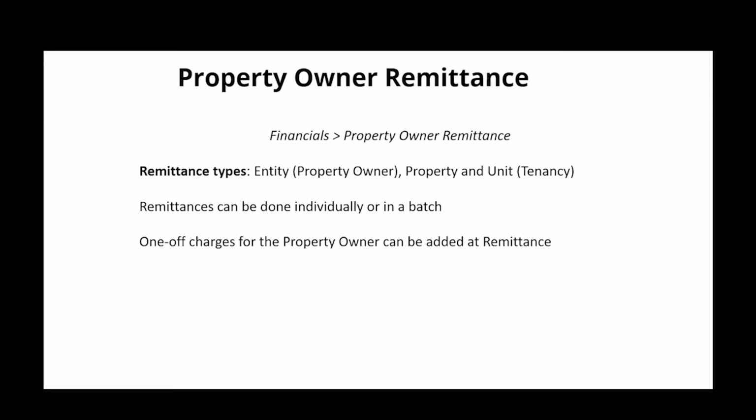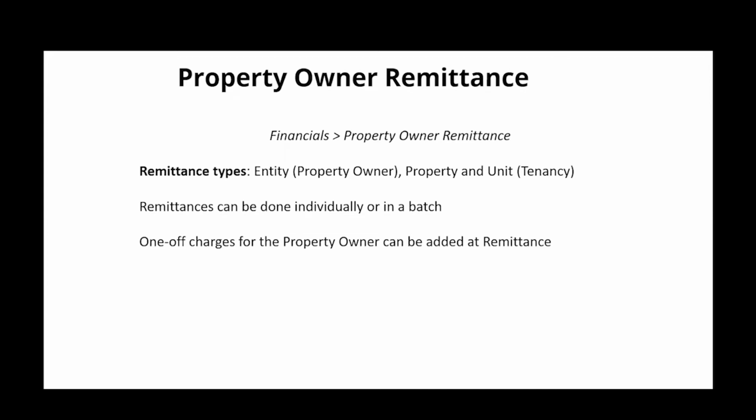Either way, once you've got your rent paid off, you'll then be able to go through the process of actually paying out the money to the landlord, which is known as the property owner remittance in Arthur. This remittance screen in Arthur can be found within the financials area, which I'm going to show you.